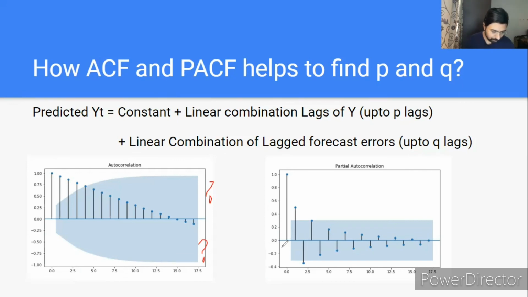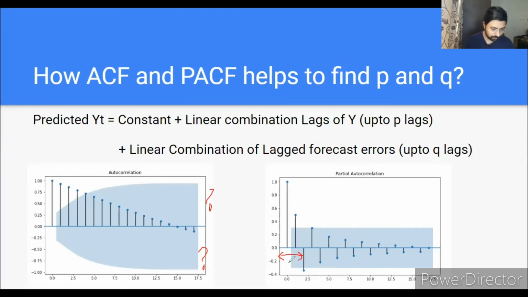See, after 2 lags it reaches 0, so your p value is 2, and after 15 it reaches 0, so your q value is equal to 15. That is very high. So you need to make the series stationary; if your p value and q value are very high, you need to change your differencing d value.